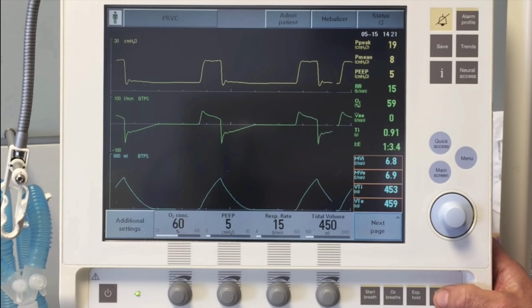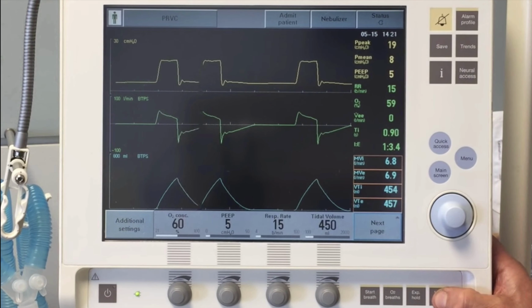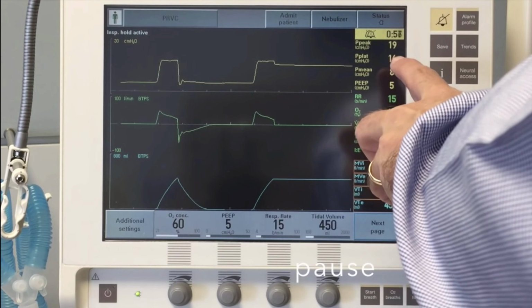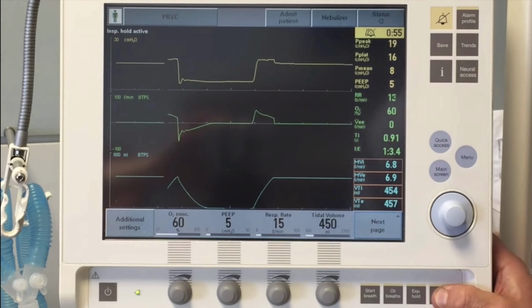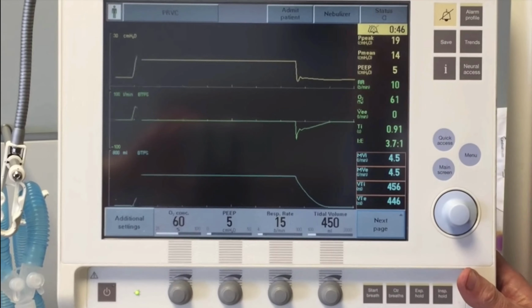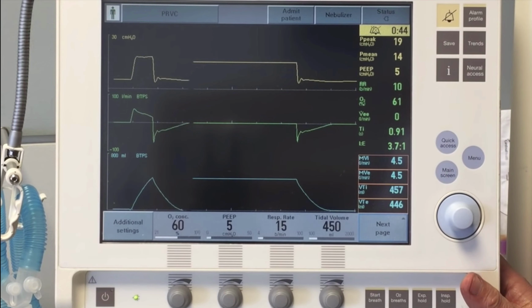So my assistant here during the next breath is going to do an inspiratory pause. And you can see that the plateau pressure is 16 and the peak airway pressure was 19. And so overall it's remaining elevated. But the point is that neither the peak nor the plateau were abnormal in this particular case.